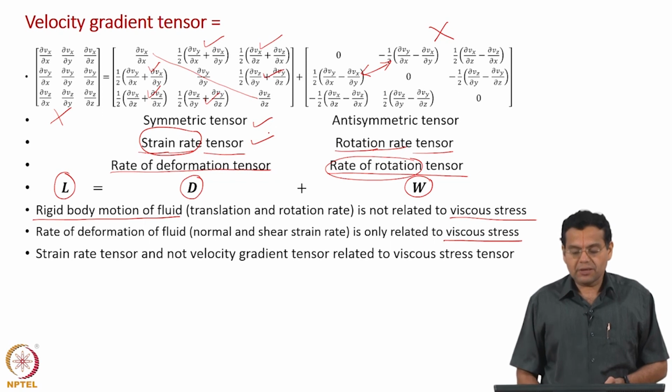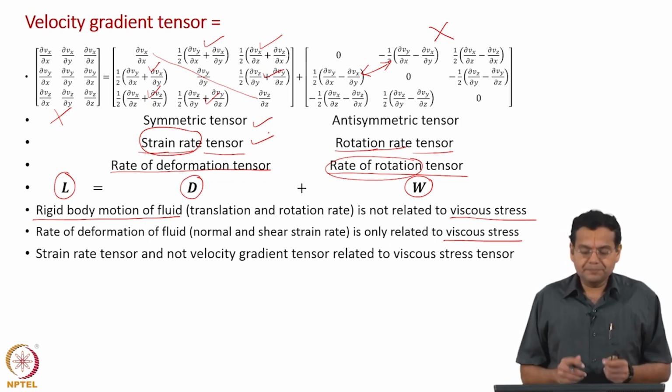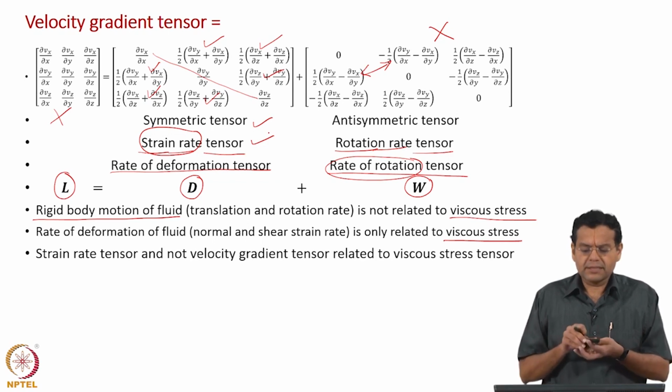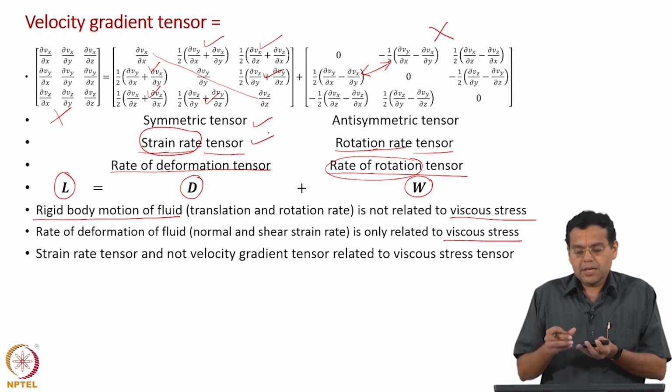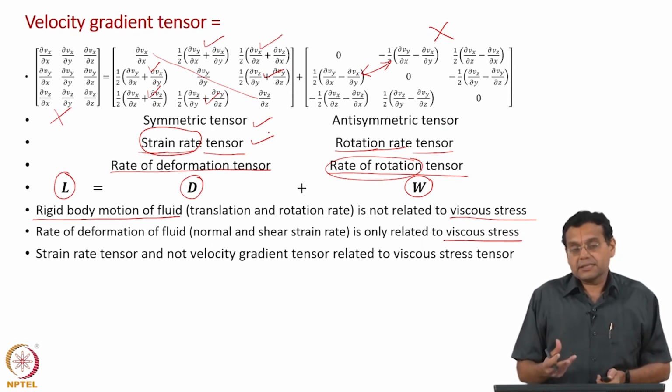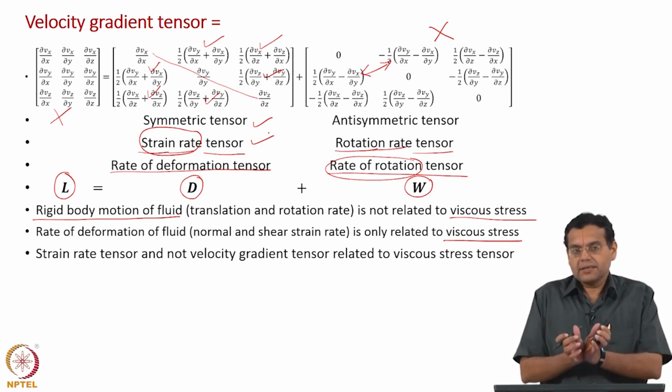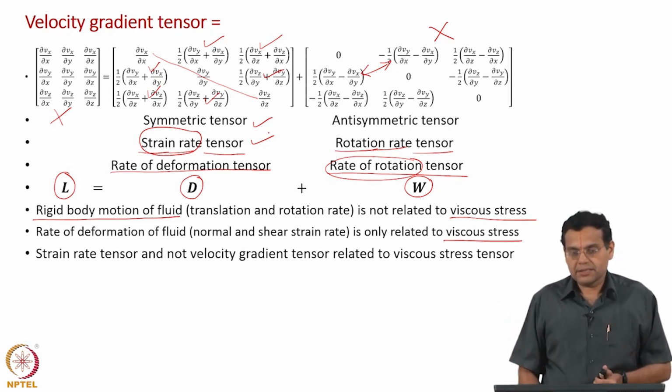Just like we discussed for solids. Remember we said if you have a solid and that just translates, just rotates, there are no internal stresses. But if you pull a solid and change the angle of the solid, then internal stresses are developed. So, that is why the normal strain and shear strain were related to the stress.